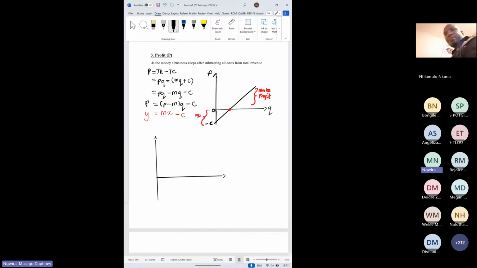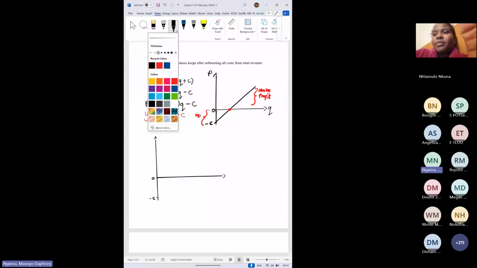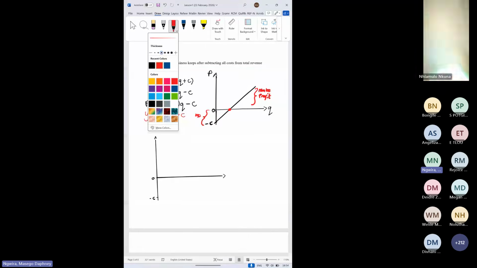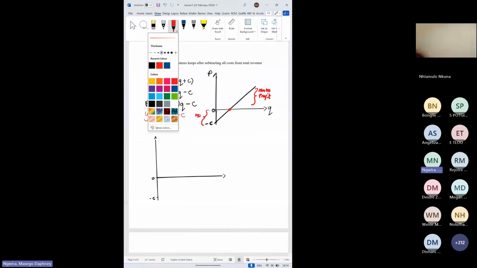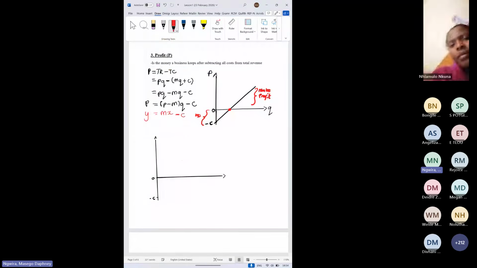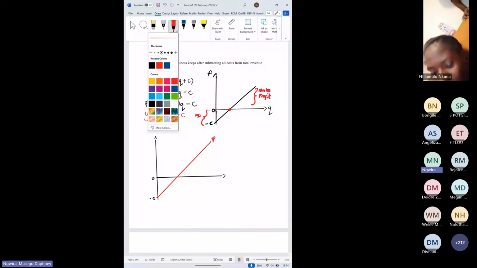So if I was to draw these three graphs, let's call this a negative C, and this is a 0. Let me start with the profit one, because we drew it. Profit, we said, starts here. It goes up. This one is for profit. And then now we draw the one for total cost.